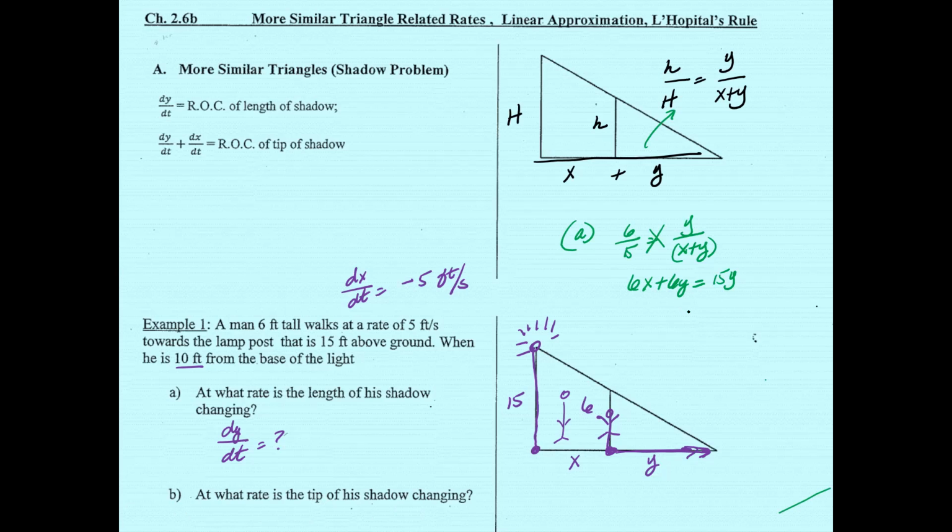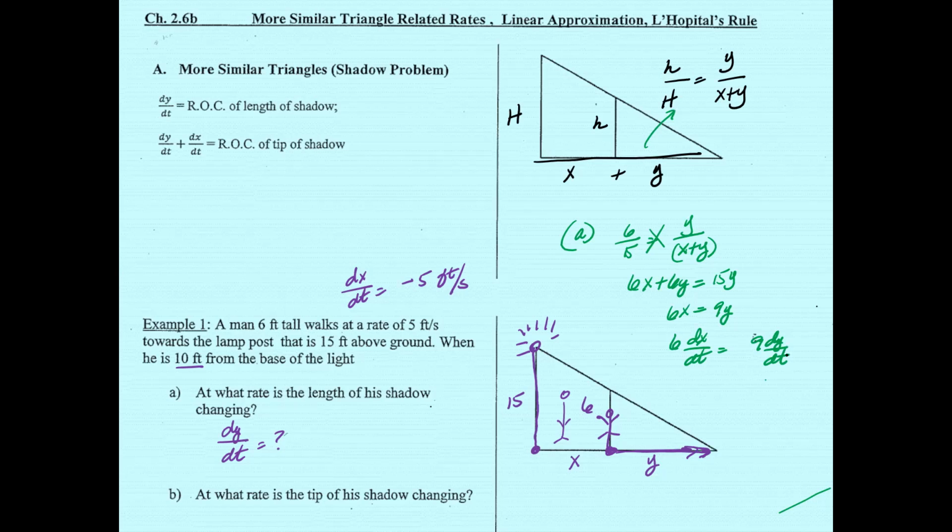And then combine your like terms by moving the 6y over. So you have a 6x on the left side, move the negative 6y over to the right side, and you have a 9y. Now looking at this part right here, the rate of change for this is going to be 6 dx over dt equals 9 dy over dt.